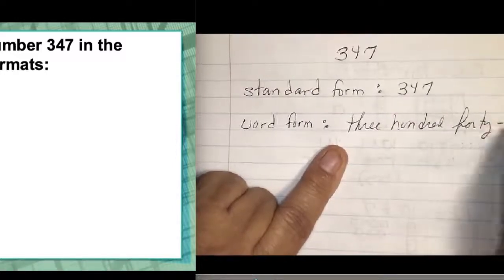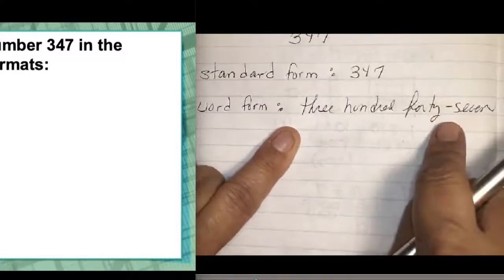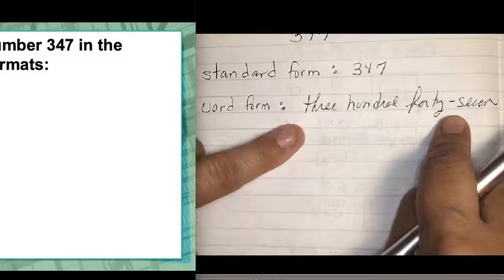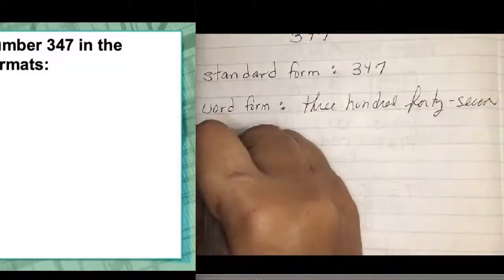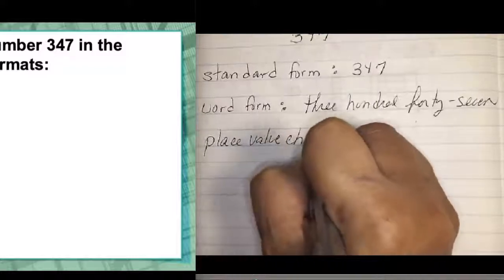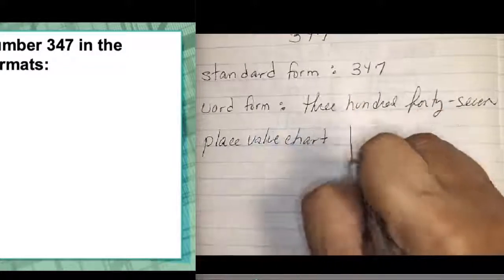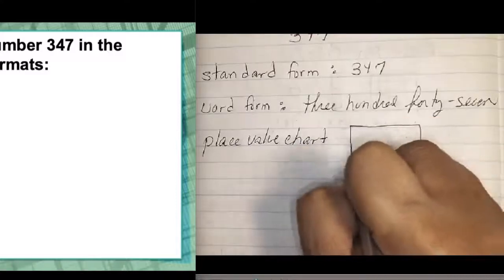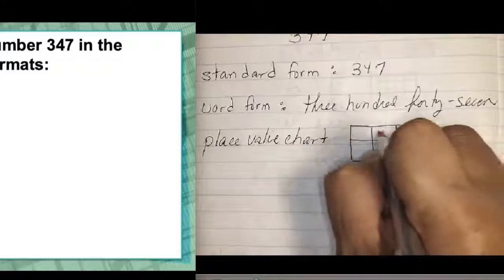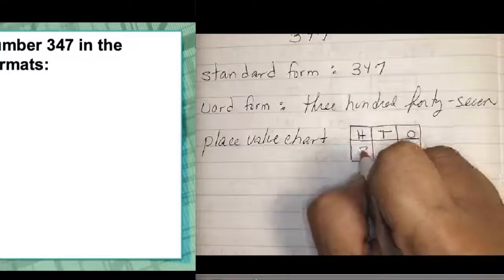Make sure you put a hyphen in between: forty-seven. Now we can get those digits and place them in a place value chart. So here's my place value chart. This is my ones, my tens, my hundreds.